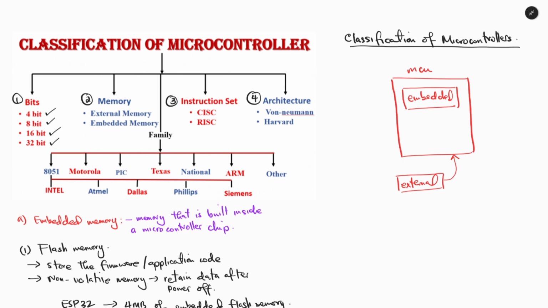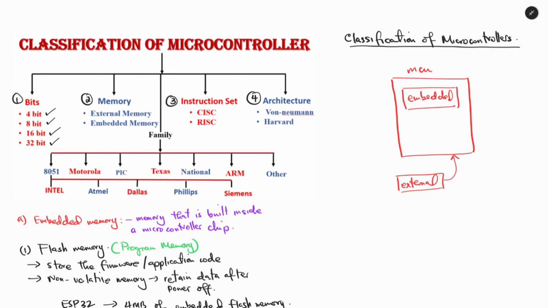And this type of flash memory stores the firmware, or we can say this flash memory is nothing but the program memory, and it normally stores the application code or the firmware. So when we remove power from this memory, whatever is stored will be kept.